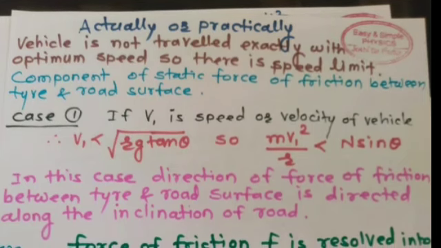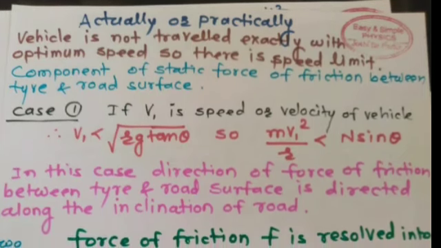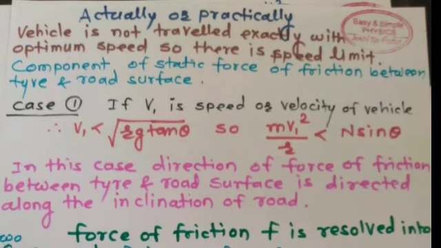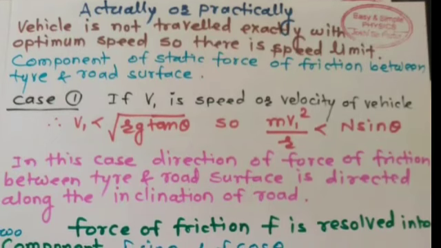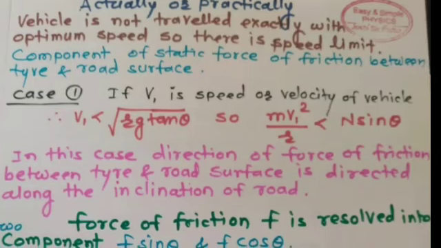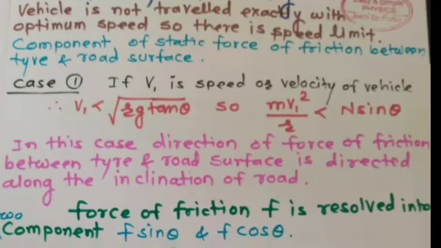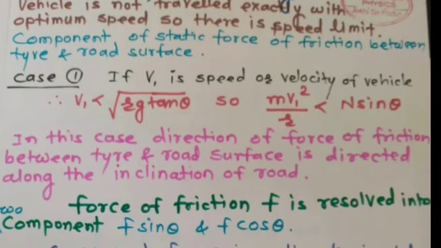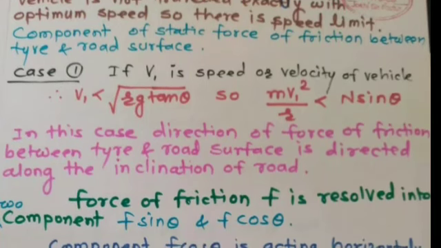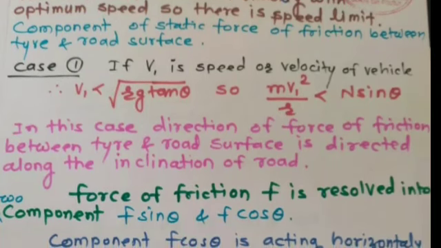Actually, or practically, a vehicle does not travel exactly with the optimum speed. So there is a speed limit. Component of static force of friction between tire and road surface.